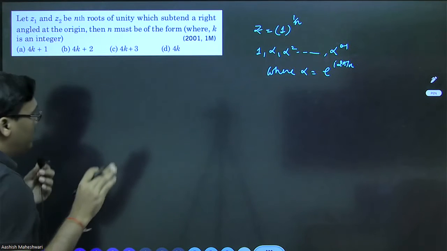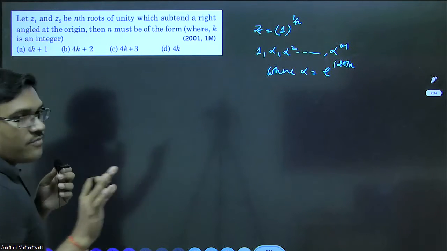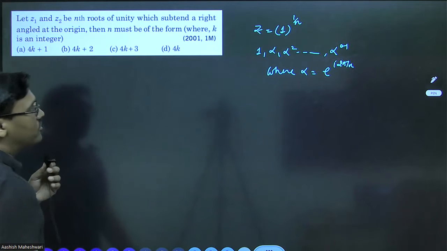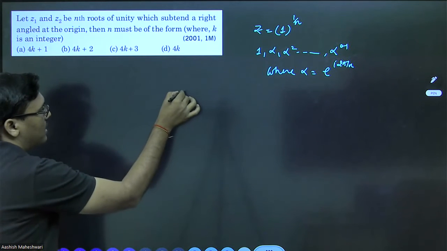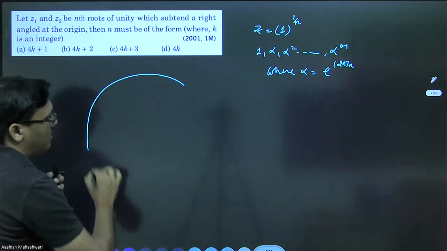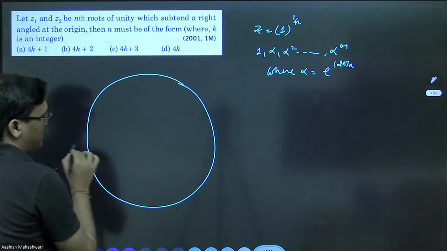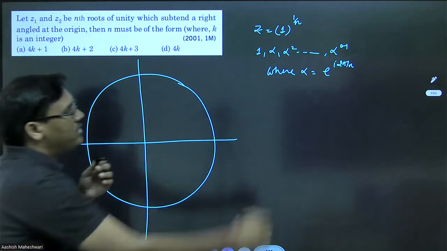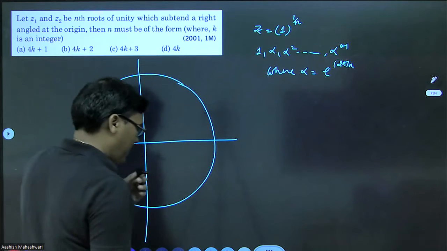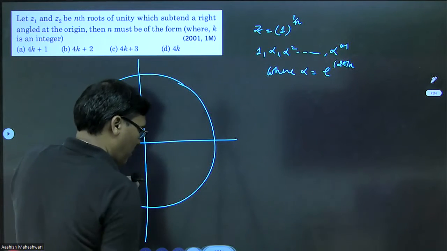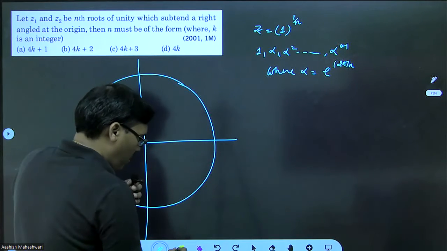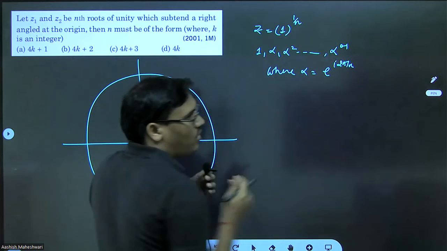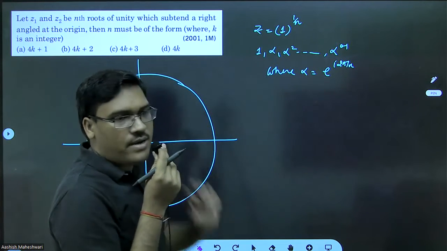Now, first understand there are some very important properties of nth roots of unity. If I draw a unit circle, radius is equal to 1, all these nth roots of unity will lie on it because all these complex numbers have magnitude 1.